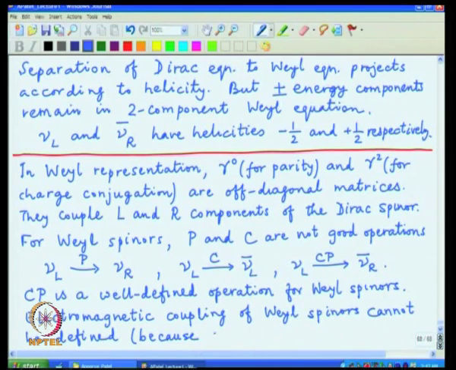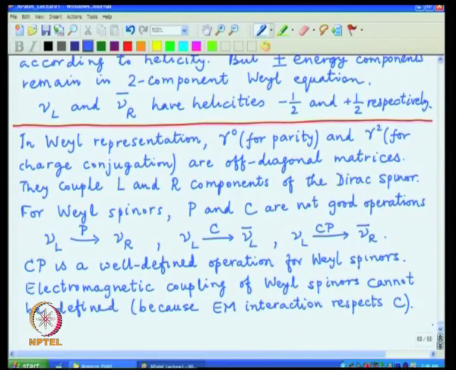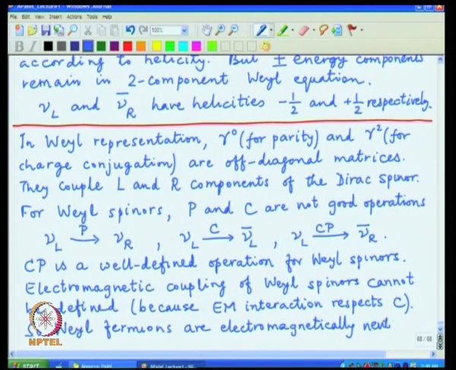Because this electromagnetic interaction respects C, or the charge conjugation operation, the Weyl fermions are electromagnetically, or under any other interaction which respects charge conjugation, they have to be neutral. They cannot carry that particular charge.